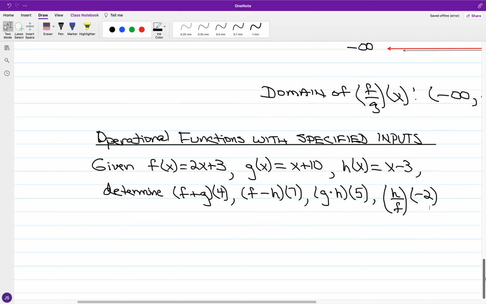So for the specified inputs, instead of just x, we have numerical values.